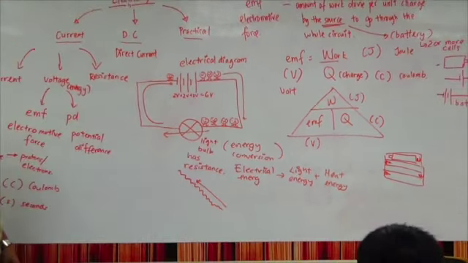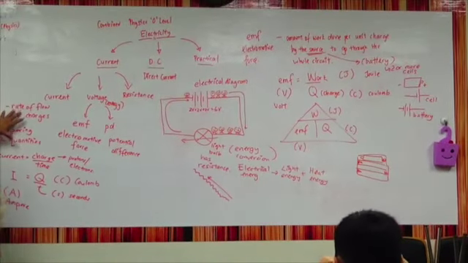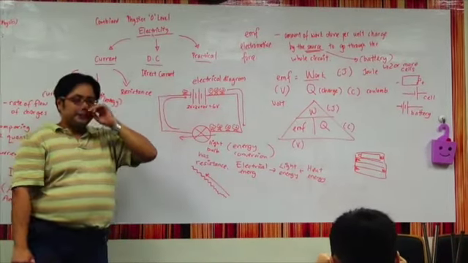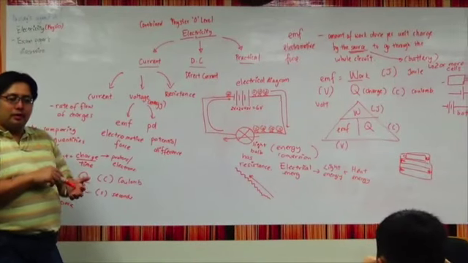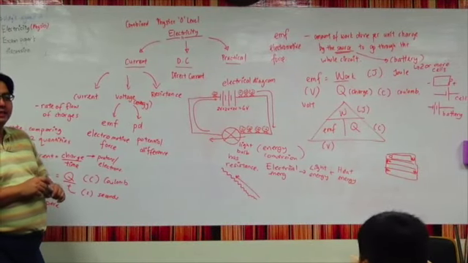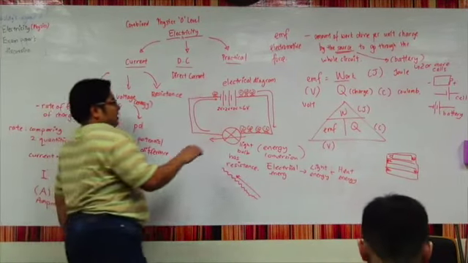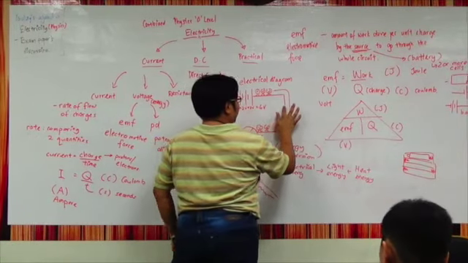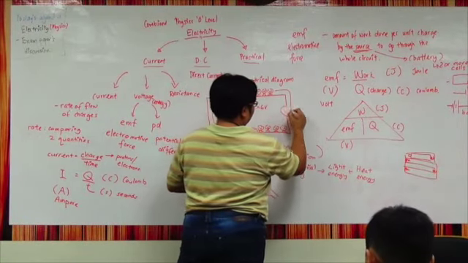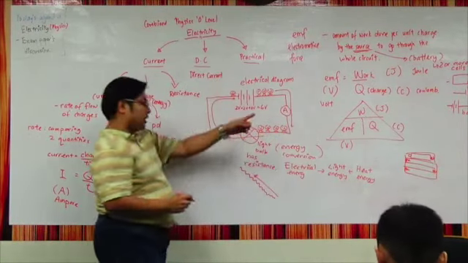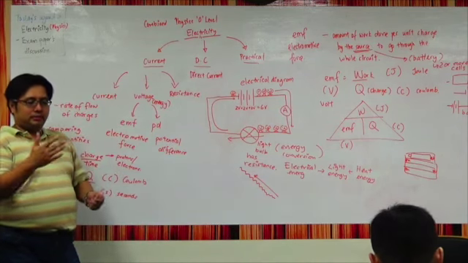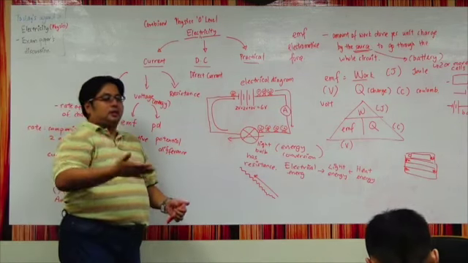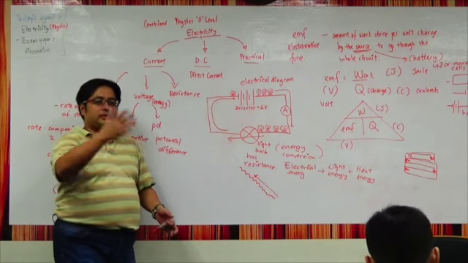So earlier I was talking about current, right? What do we use to measure the current? Can anyone recall? Ammeter. So the ammeter can be placed somewhere here. Basically, what does the ammeter do? It's like a counter. It just counts how many charges pass by in 1 second: 1 billion, 2 billion, 3 billion, 4 billion.